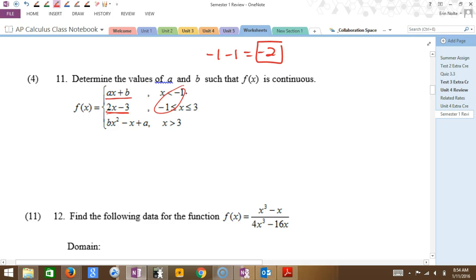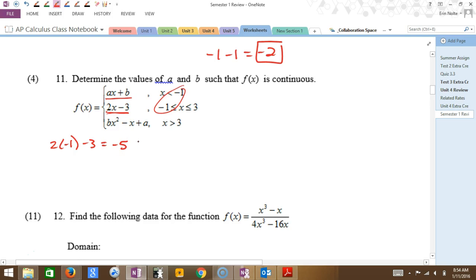So I can start by plugging the x value into my middle piece because I have more information in that piece, and figure out what the corresponding y value is and set that equal to the top piece. So if I take 2 times -1 minus 3, what is the corresponding y value at that spot? -5, good.